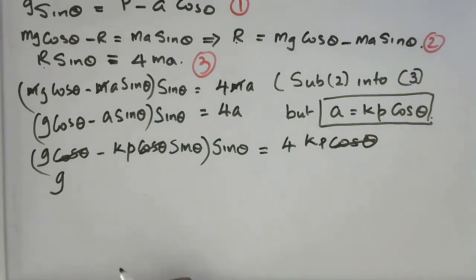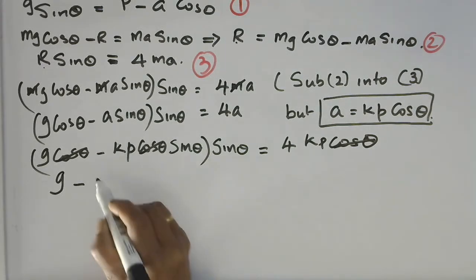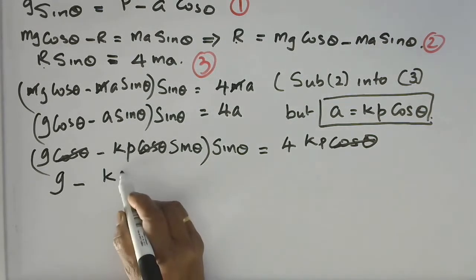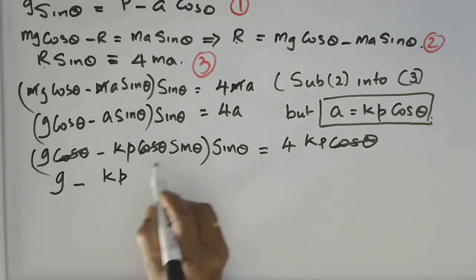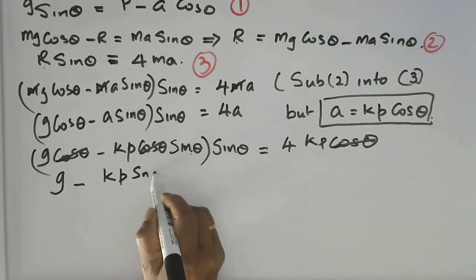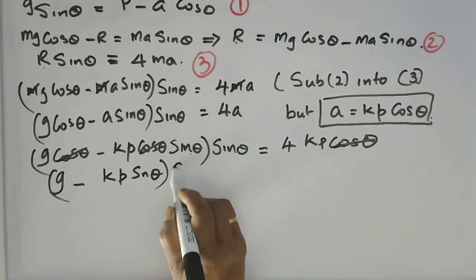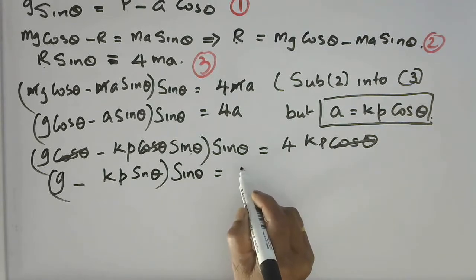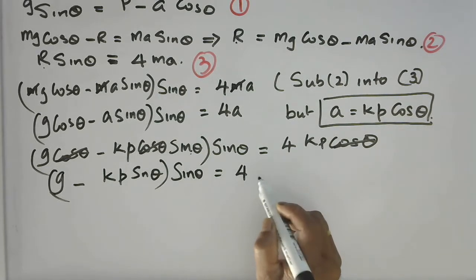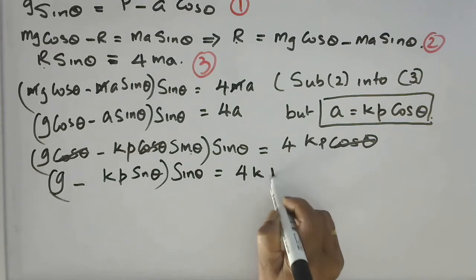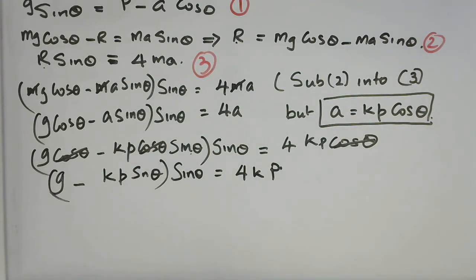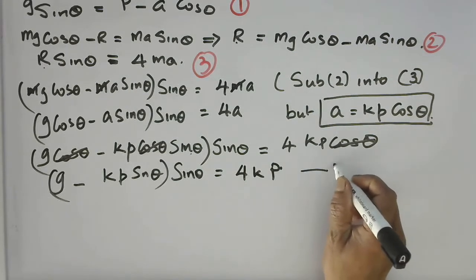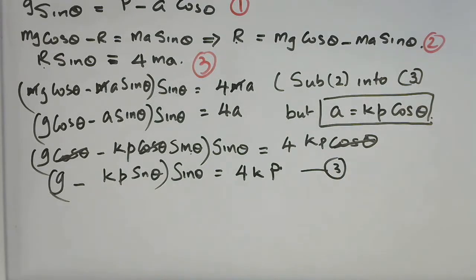Simply g minus kp sine theta, and again outside sine theta, equal to 4kp. That's equation 3, because we substituted into equation 3.